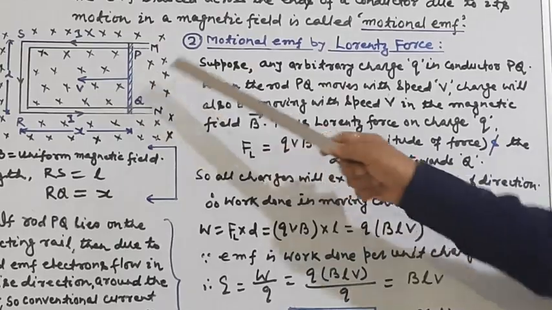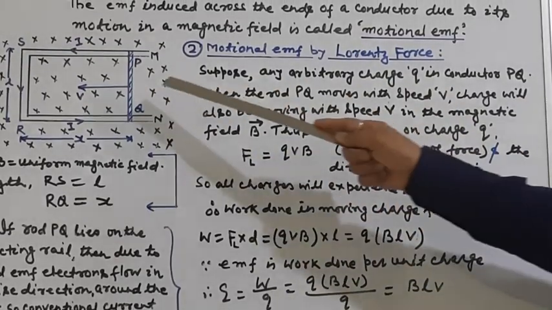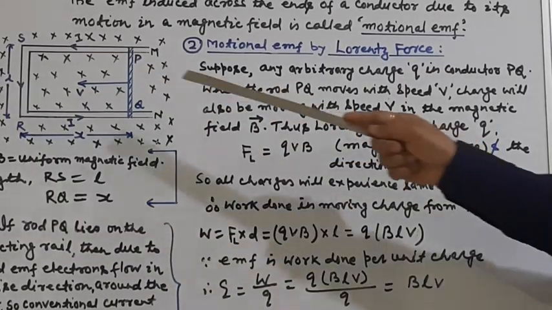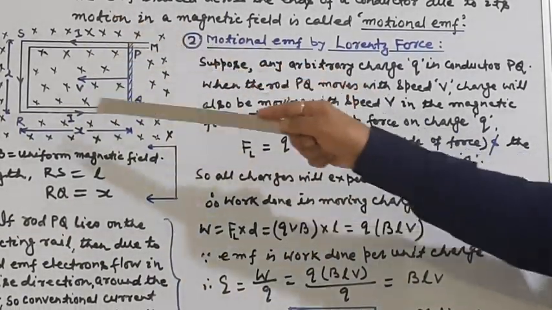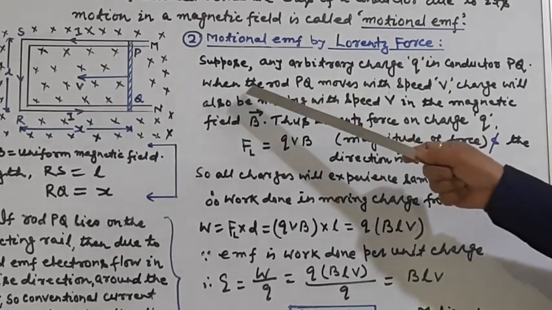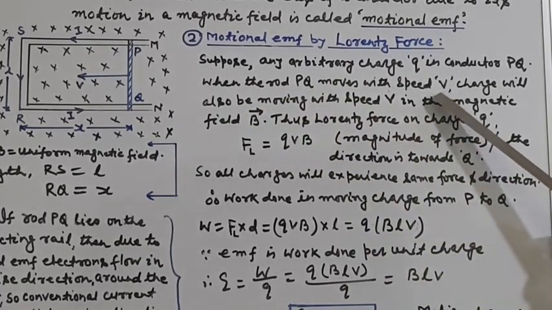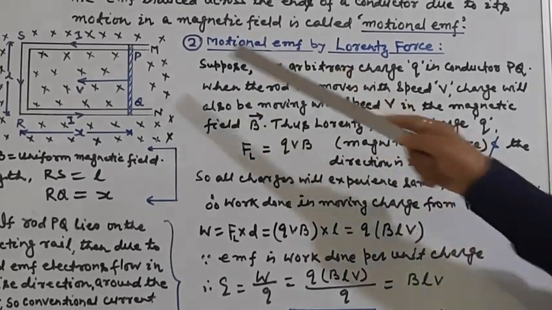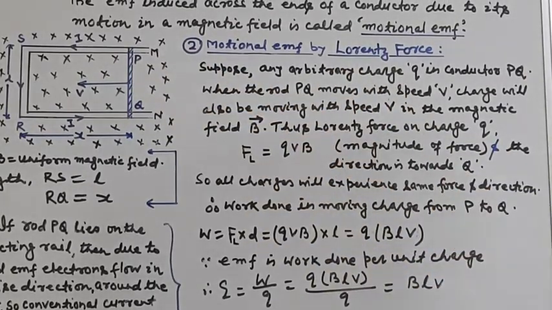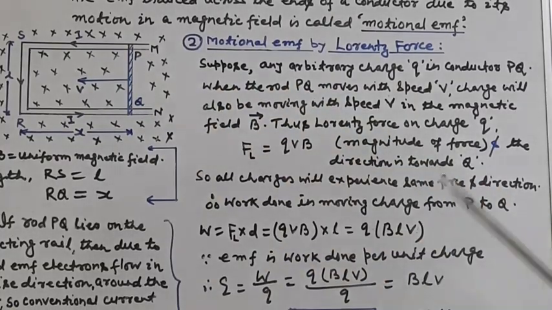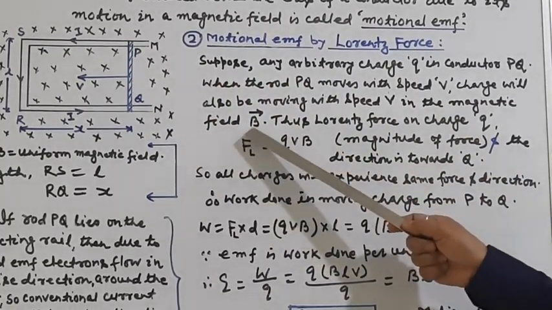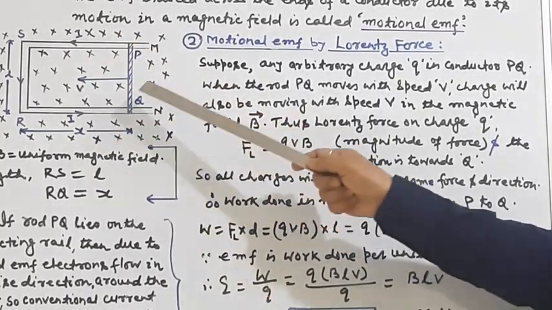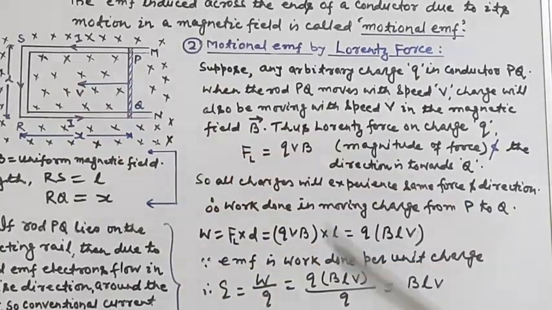When this conductor PQ moves with speed V in this magnetic field which is perpendicular to the system, the charge will also be moving with the same speed, because the conductor has some charge Q, so it will also move with the same speed in the magnetic field B. This magnetic field, I repeat, is perpendicular to this system.